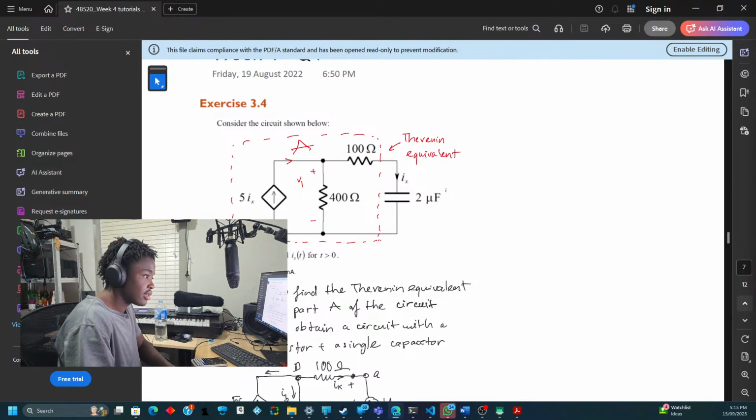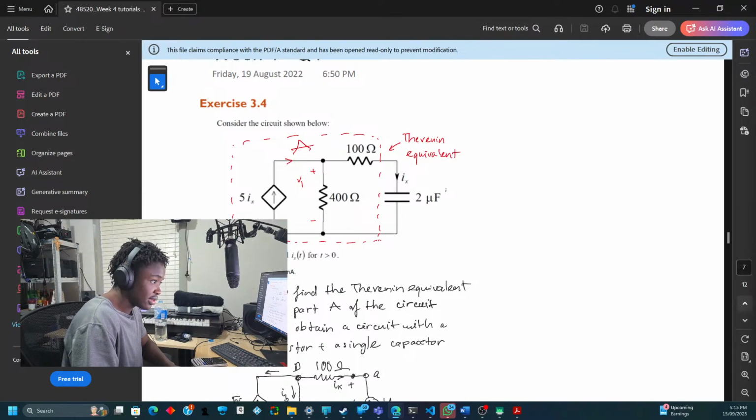And next, the capacitor current Ix is equal to C times dV2 over dt.